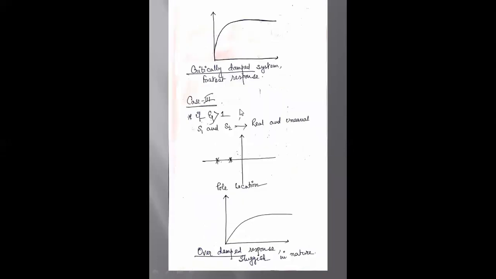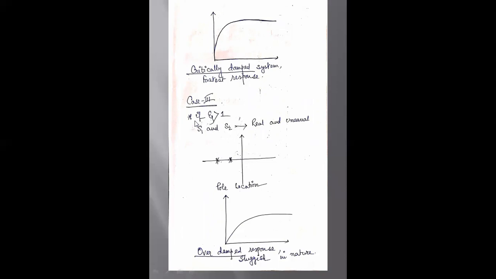This is the pole location when zeta equal to 1. The nature of the system is called the critically damped system, and it is also known as the faster response.